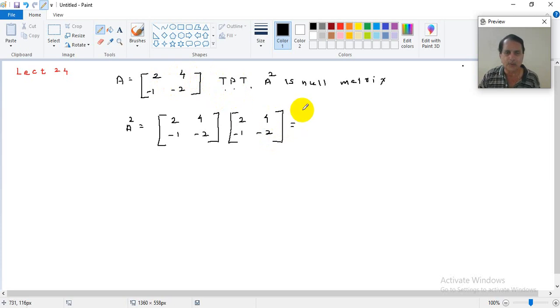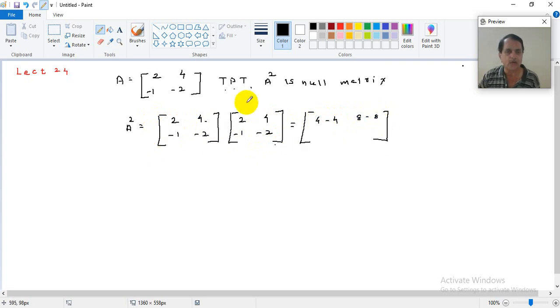So what will be this now? First row, first column: 2 into 2 is 4 and 4 into minus 1 is minus 4, so 4 minus 4. Then first row, second column: 2 into 4 is 8 and 4 into minus 2 is minus 8, so 8 minus 8.